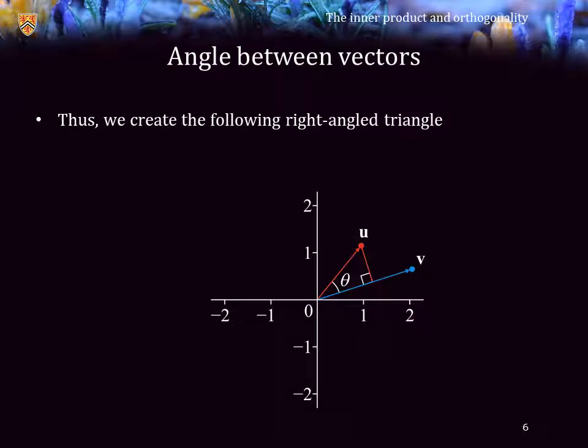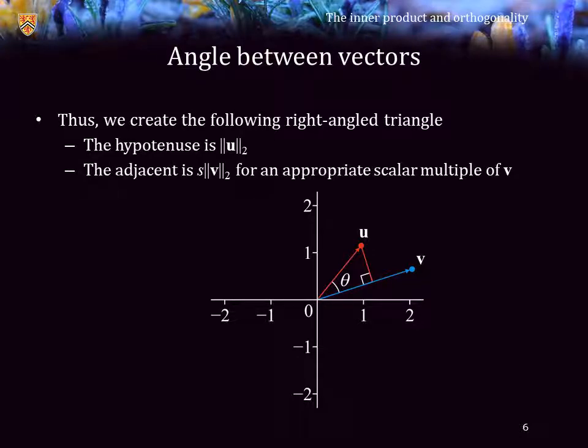Thus, we can create the following right-angled triangle where the hypotenuse is the 2 norm of u, or the length of the vector u. The adjacent is a scalar multiple of the 2 norm of v. The thing is, we have to figure out what that scalar multiple is.